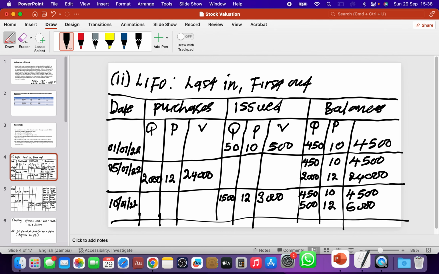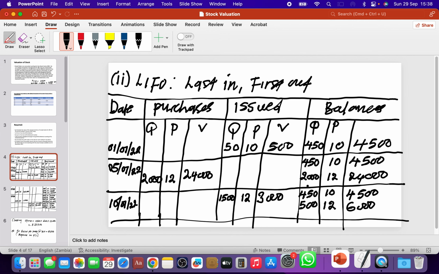On the same date, on the 5th of January, we bought 2,000 units. They were valued at $24,000. For us to find the price here, we divided 2,000 into 24,000. It gave us $12. You bring it here on the balance column, where you show the stock that you have at hand.